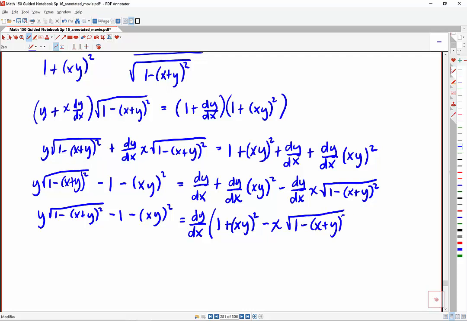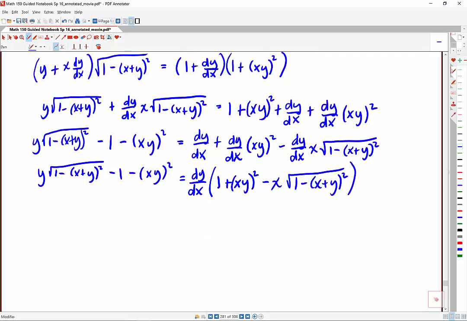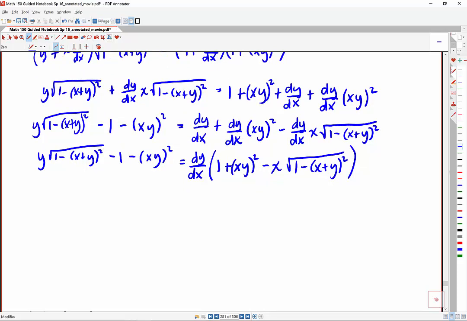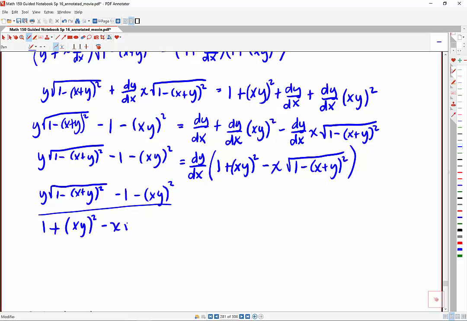All right, so finally dividing by the terms that we factored out from dy/dx, we will end up with y times the square root of 1 minus x plus y, the quantity squared, minus 1 minus xy, the quantity squared, all over 1 plus xy, the quantity squared, minus x times the square root of 1 minus x plus y, the quantity squared, is all equal to dy/dx. Okay? And that's good enough.